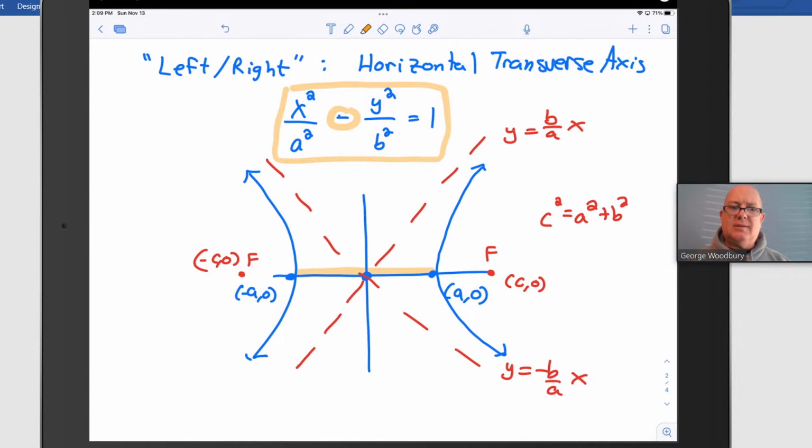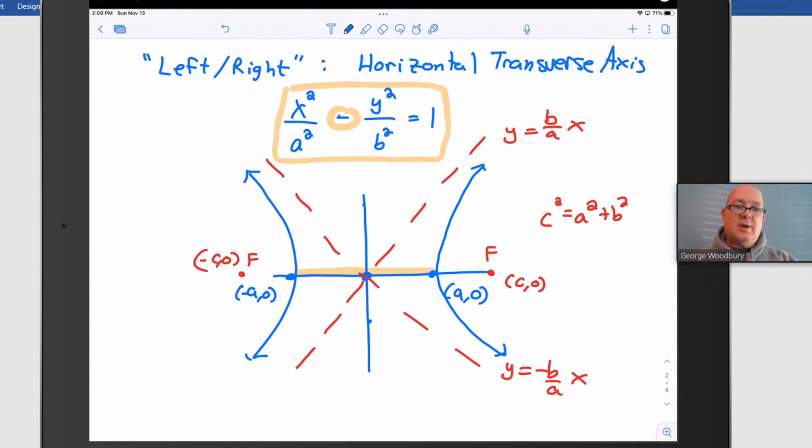Really, the first step could be like when you were graphing an ellipse. I know a, the number under x, tells me left and right. I know b, the number under y, tells me up or down. So if I put those two points, a to the right and a to the left, and add another two that are b up and b down, we can make a rectangle out of those.